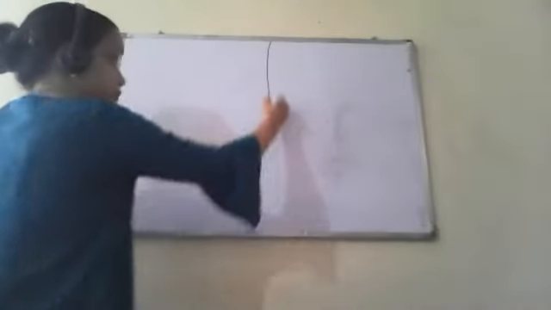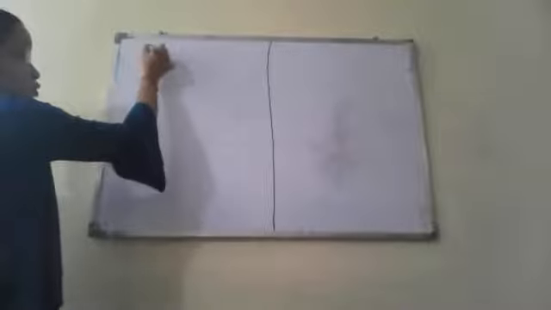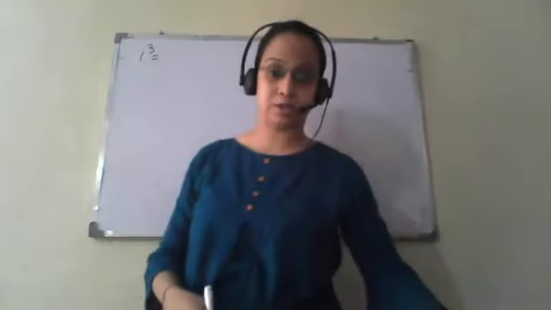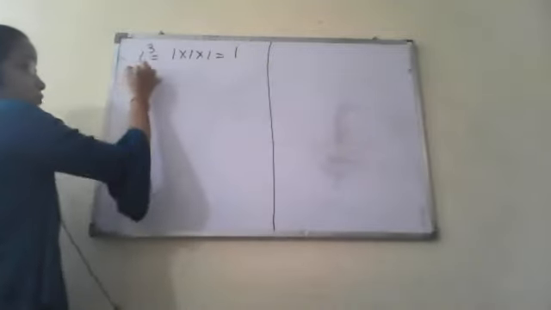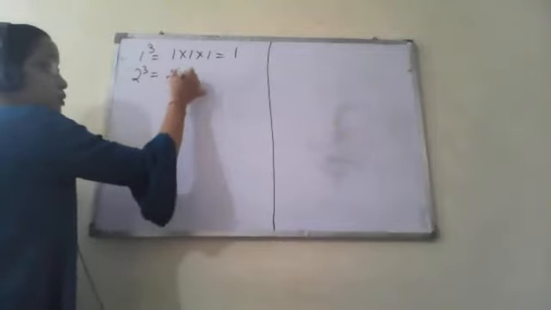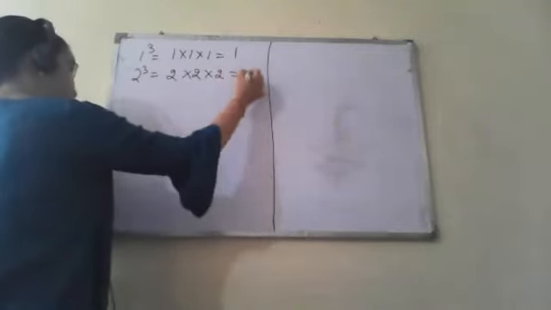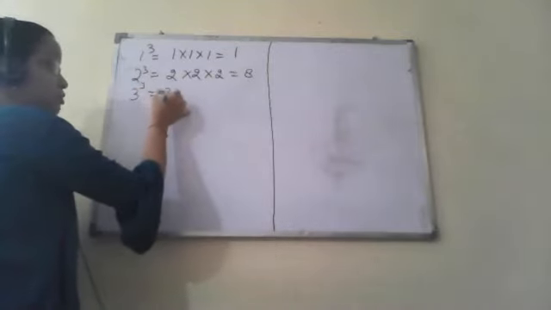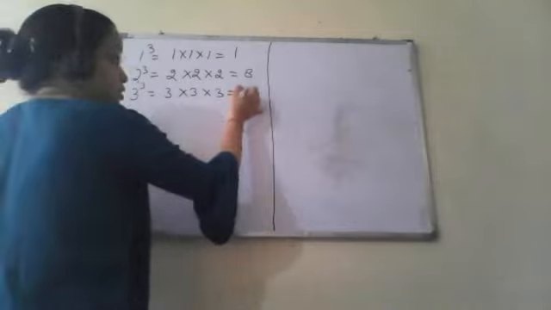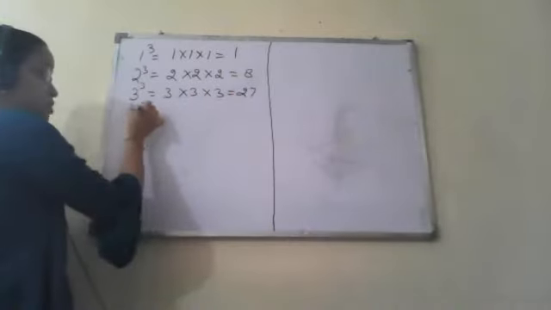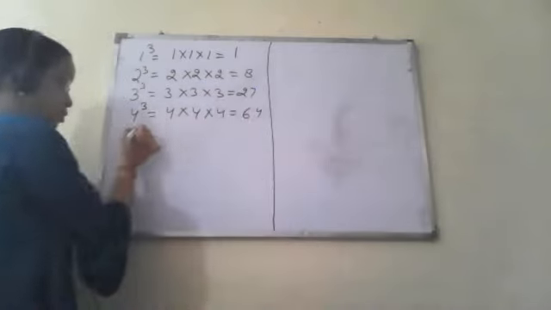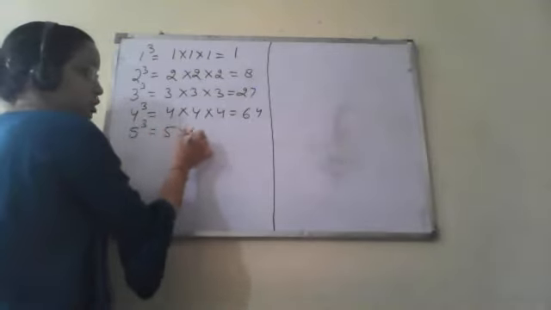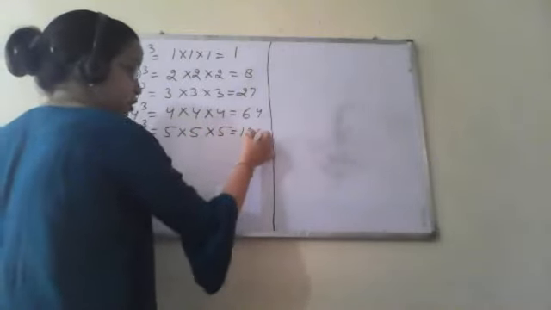To find the cube of a number, we have to express the number three times. 1 cube is 1 into 1 into 1, which is 1. 2 cube is 2 into 2 into 2, that is 8. 3 cube is 3 into 3 into 3, which is 27. 4 cube is 4 into 4 into 4, that is 64. 5 cube is 5 into 5 into 5, that is 125.